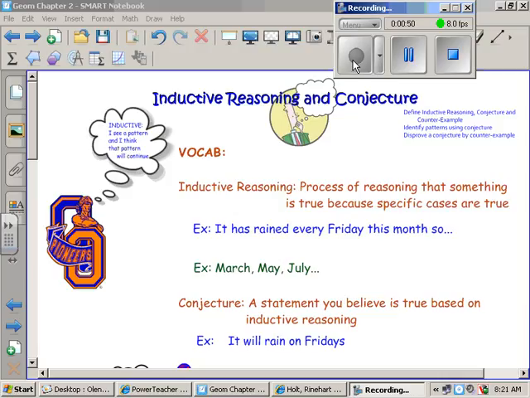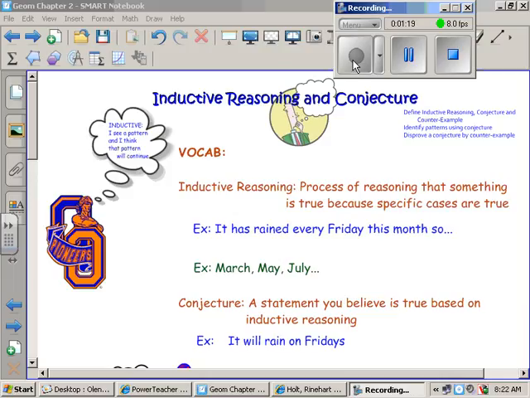All right? We're going to start with the lesser of the two logic patterns, and that is inductive reasoning. Inductive reasoning is figuring out that something's true because you've seen a pattern.